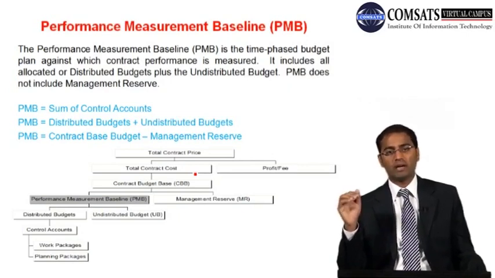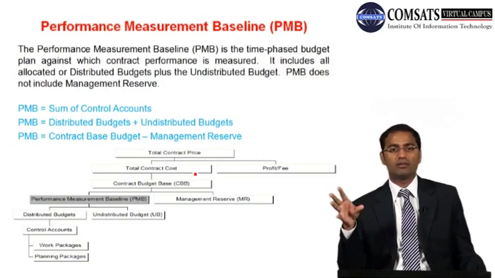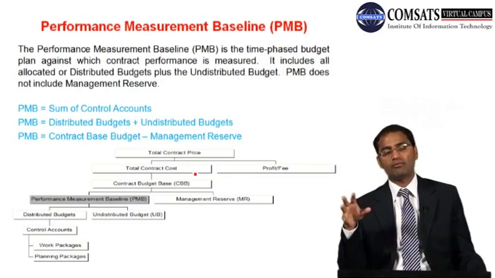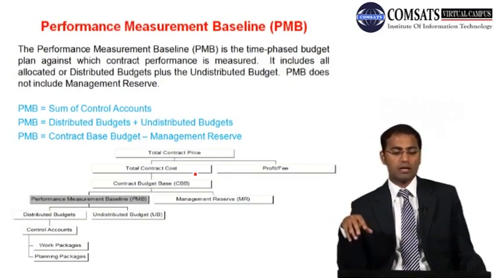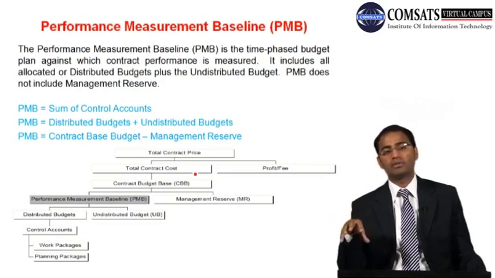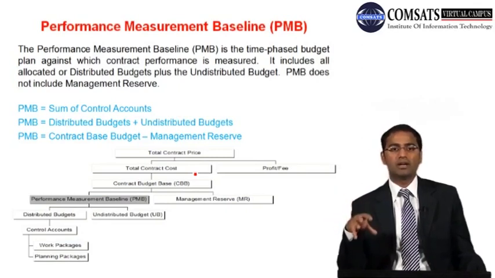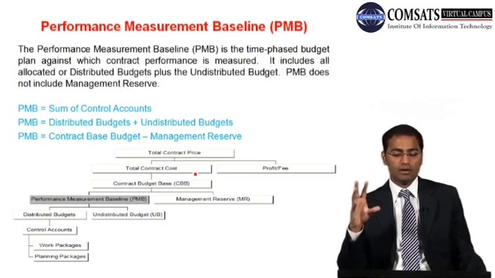So this is very important. Management reserve is not part of the performance measurement baseline. PMB is the sum of all the control accounts. PMB is the sum of distributed as well as undistributed budgets, and PMB is contract budget base minus management reserve. So these are a few formulas which we may use over there.